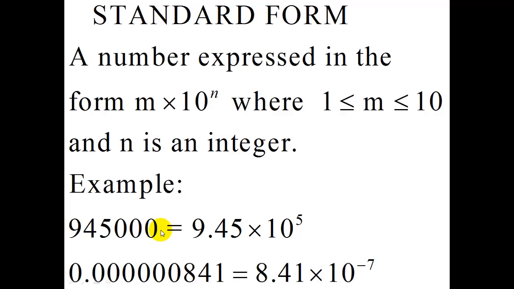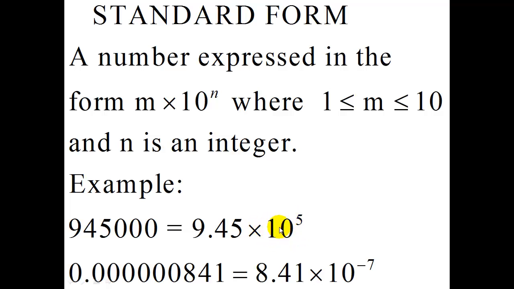And so now, converting this to standard form, we move the decimal point to the left. We have 1, 2, 3, 4, 5. So we move 5 times to the left, and that will give us 9.45 times 10 raised to the power 5. It is 10 raised to the power 5 because we moved 5 times to the left.